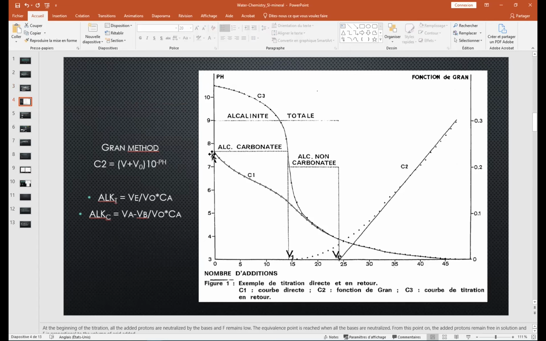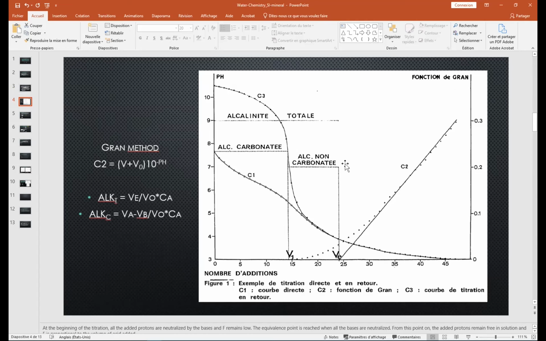And thanks to that, on each step, you can calculate the Gran function, which is here in C2, and calculate an equivalent point where you have added enough acid to compensate all the free protons, to compensate all the bases which are able to neutralize protons.